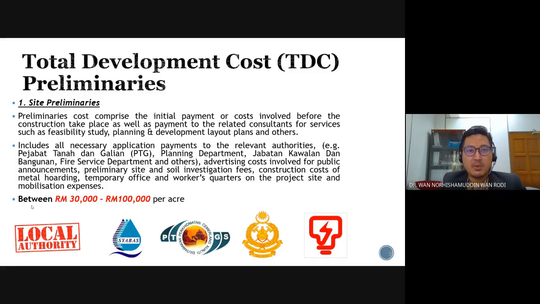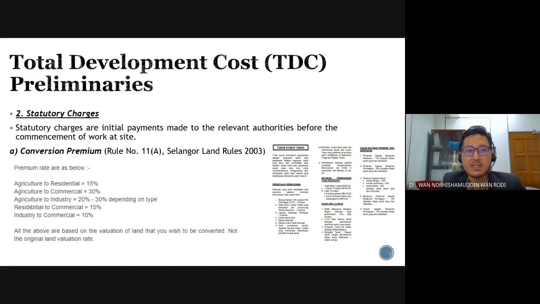Okay, the next one would be the statutory charges. Statutory charges relate to the charges that have been specified within the Act. The first one would be the conversion premium. We have to pay the conversion premium to the state government, or the PTG.